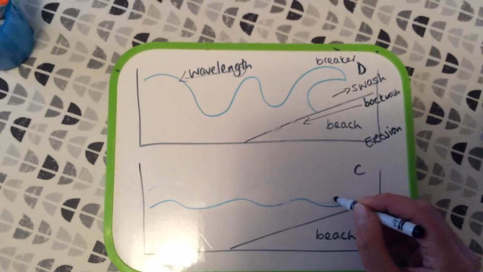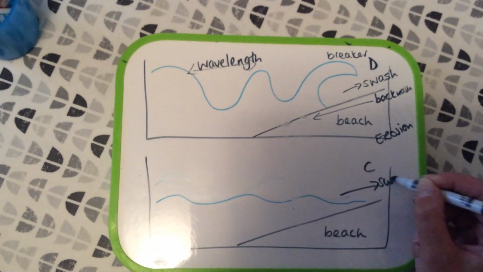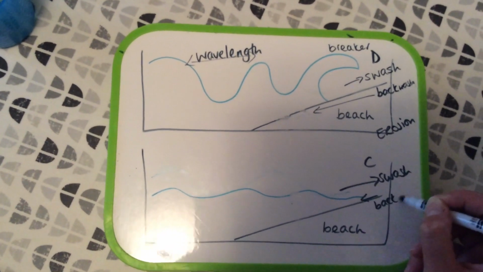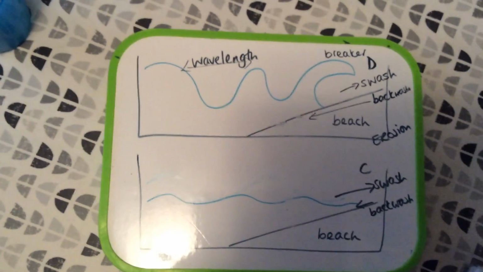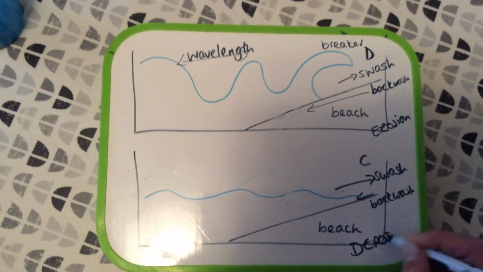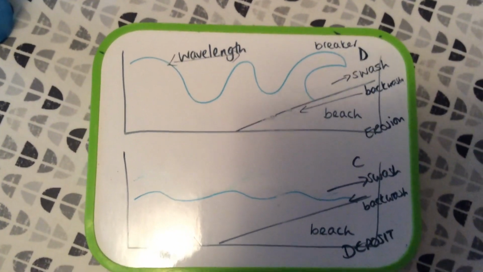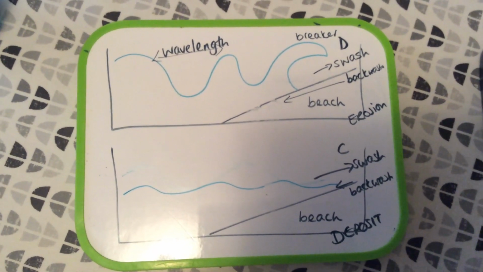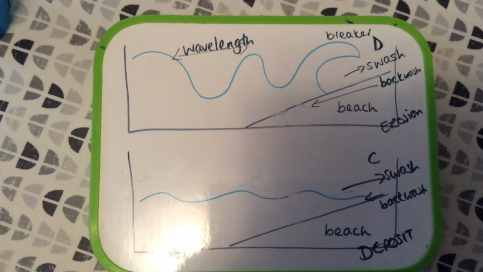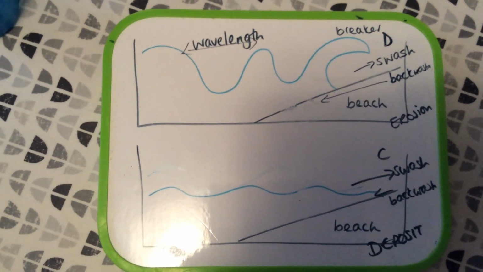And it's got a stronger swash than it has backwash. And because of that, it can carry material up the beach and deposit material on the beach, building that material up. Okay, so those are the characteristics, or some of the main characteristics of our two types of wave.